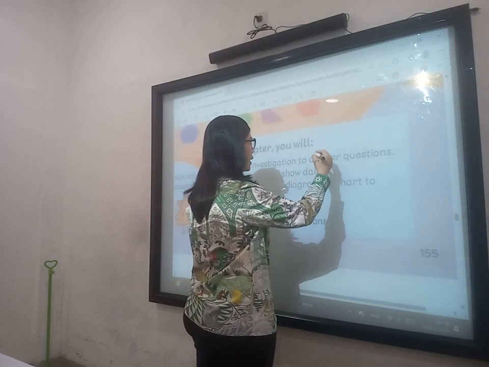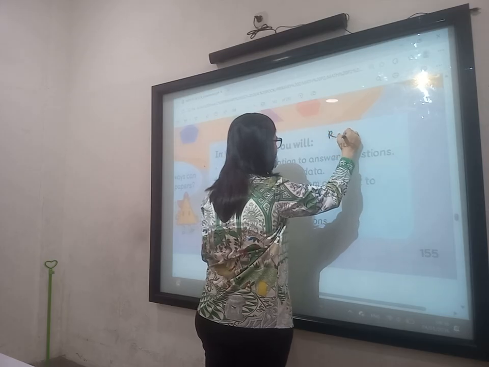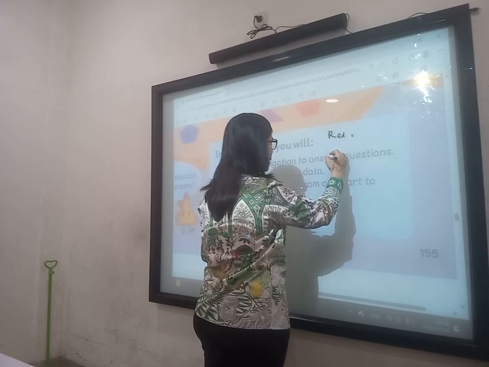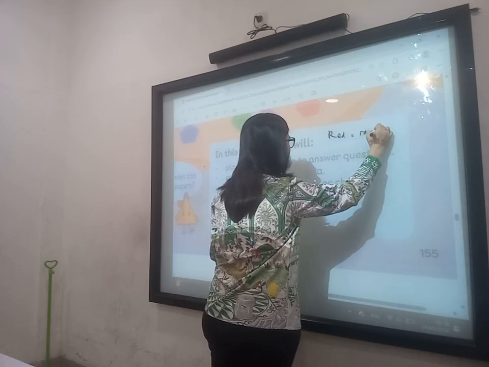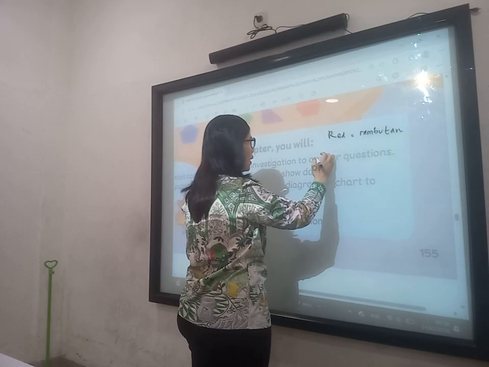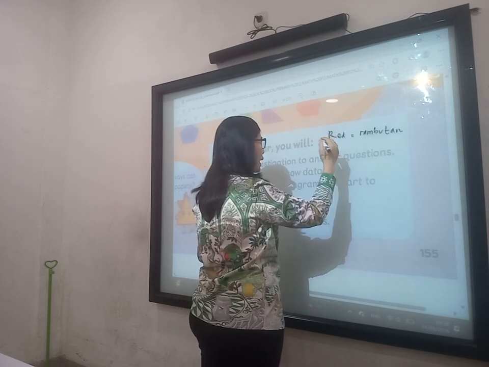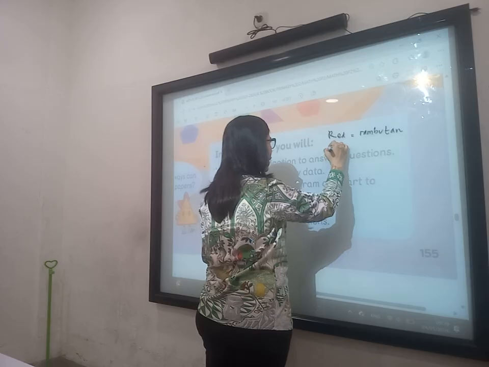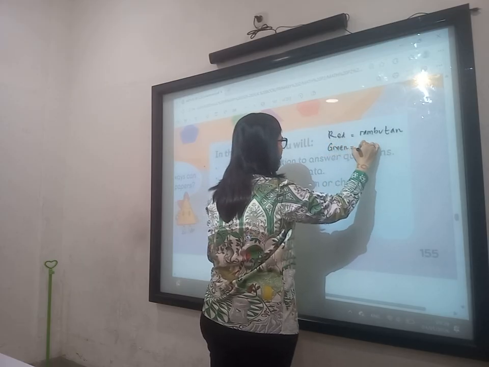For example, the color red, fruit which is red, for example, rambutan. How many students like rambutan? You put the size by color first, red, and then for example green. Green, that is kiwi.